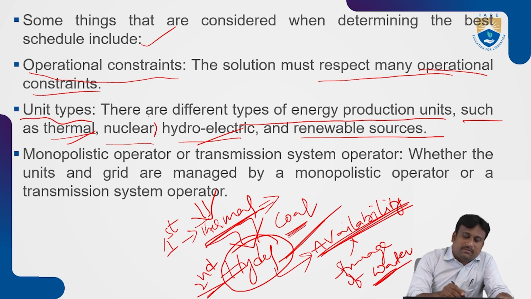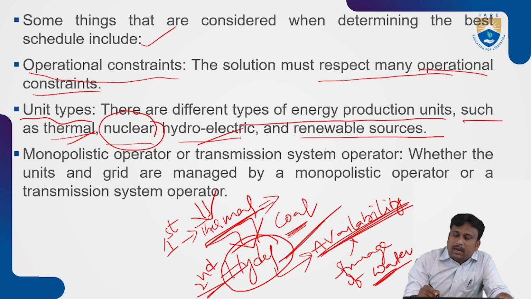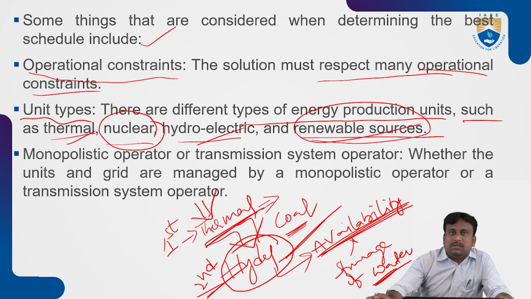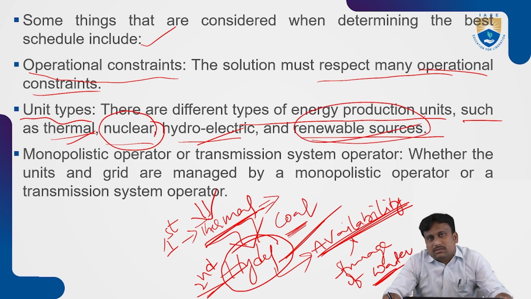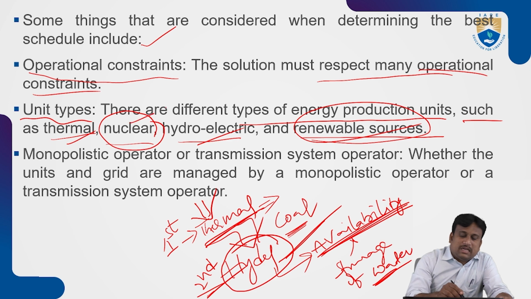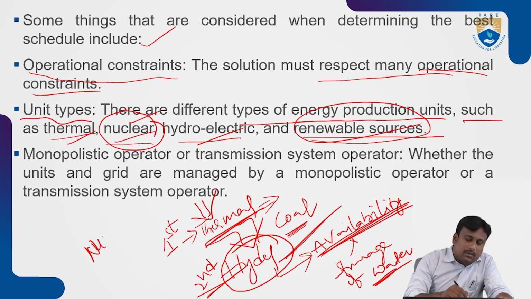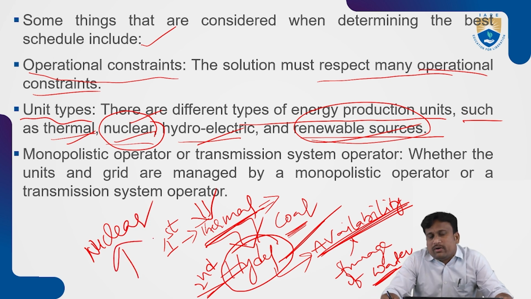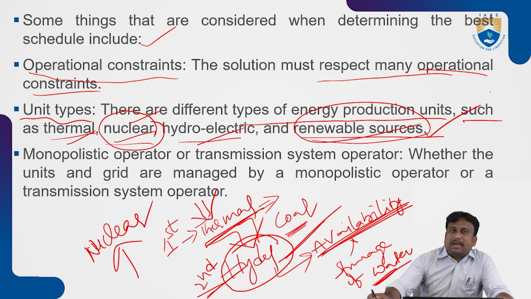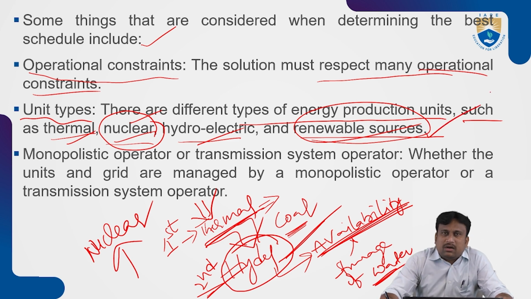Nuclear and the renewable energy sources are other preferences. Here the cost of generation, running cost, etc. will be more for nuclear. So the nuclear power plant operates with more cost. Coming to renewable energy sources, installation cost is high and running cost is very less.